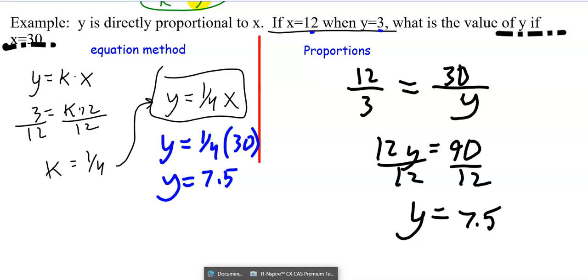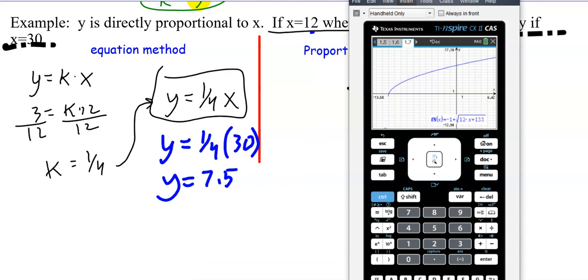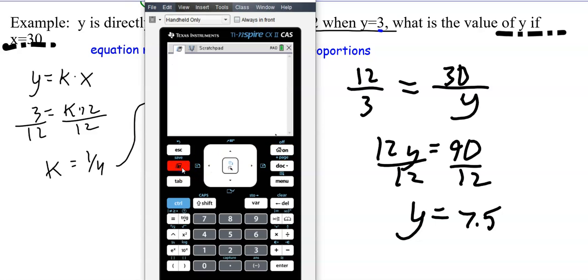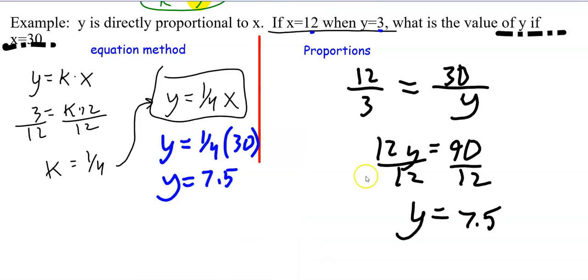Let's make sure. So 90 divided by 12 is 15 halves, which as a decimal is 7.5. Just to make sure, we get the same answer both ways.